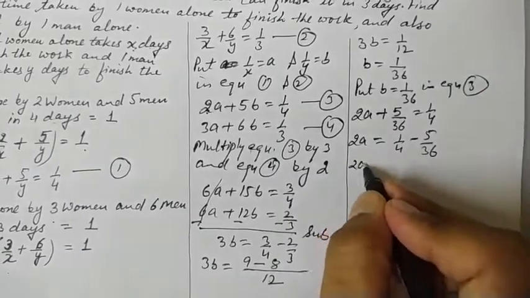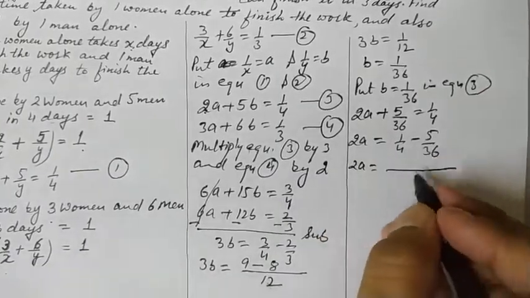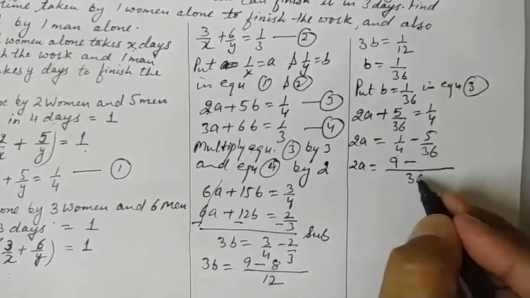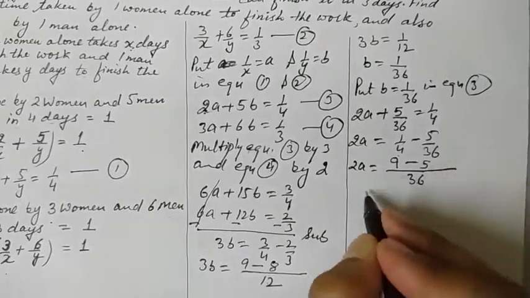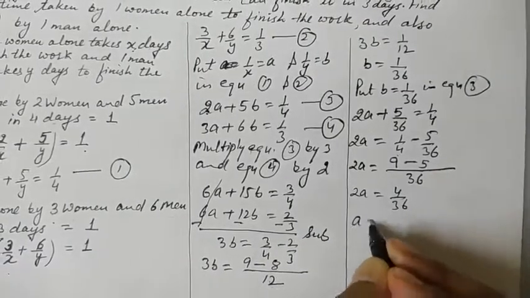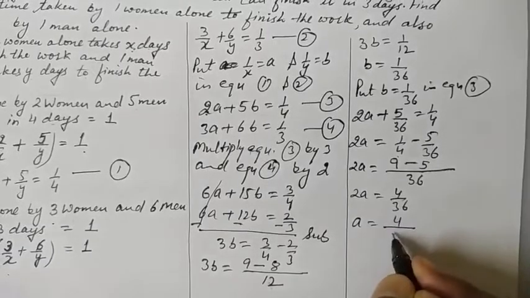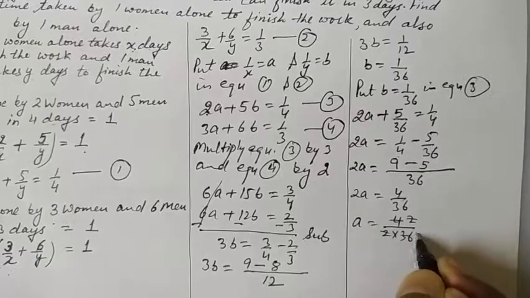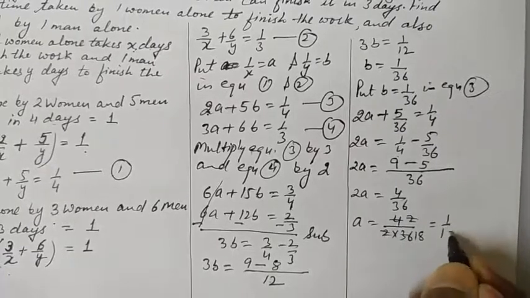Now the LCM of 4 and 36 is 36. So 4 9s are 36, so multiply by 9. 36 1s are 36, so multiply by 1. So 2a is equal to 4 by 36. So a is equal to 4 by 2 into 36, 2 will go in the denominator. So 2 1s are 2, 2 18s are 36. So 1 by 18 is a.